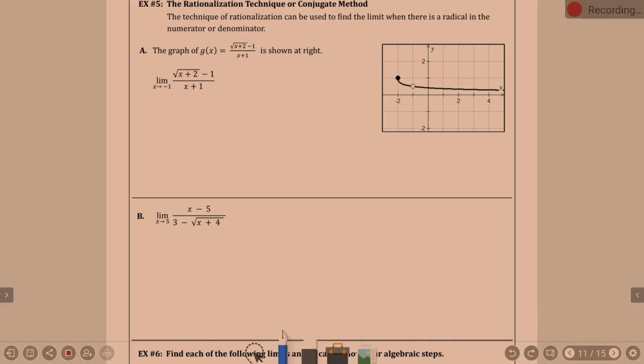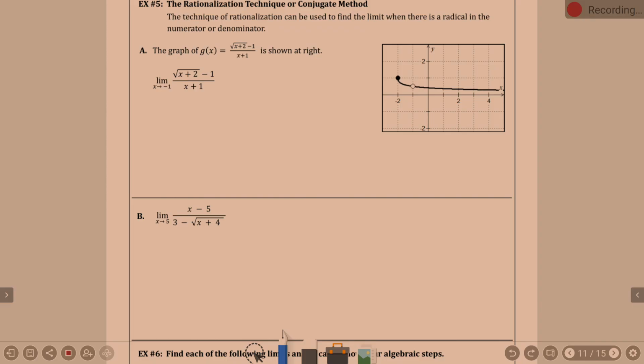Okay. Example 5 talks about the rationalization technique, or the conjugate method. They give you a graph there just to show you what answer you should be getting. But if we plug in -1 there, you end up with 0 over 0. So when you see a square root like that, we need to get that square root out of there.